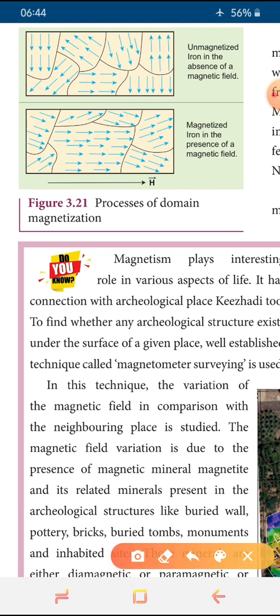This is one domain; all the magnetism in it acts in one direction. This is the next domain. All the domains have their own single direction, but when we compare domain to domain, the directions differ. When we apply the magnetic field, see the second diagram: all the domains, if required, rotate along the magnetic field direction. The net magnetization acts along the applied magnetic field direction. It is understood from this diagram.